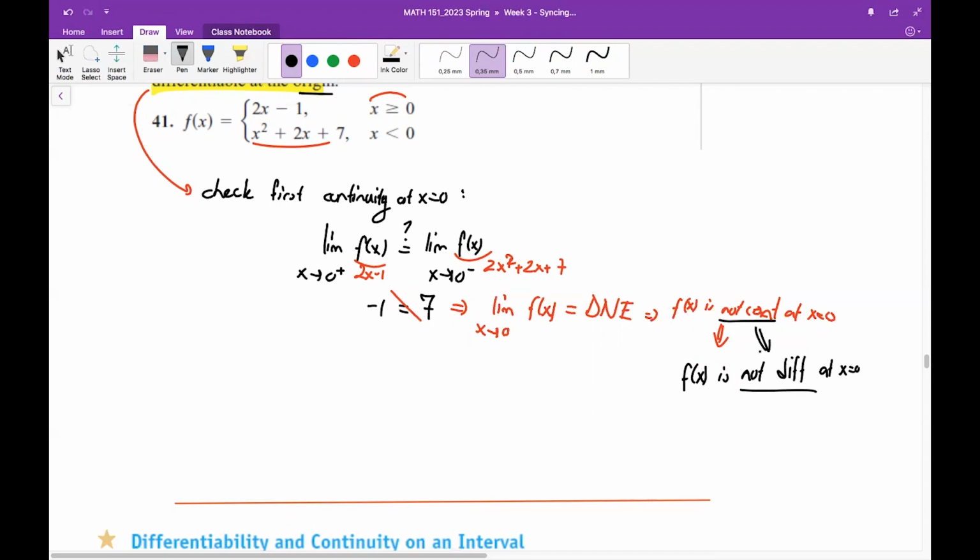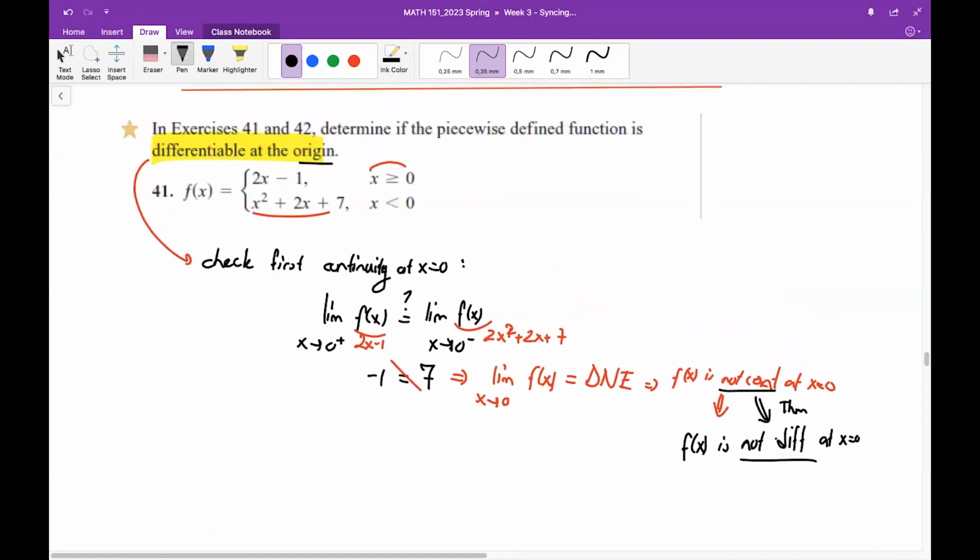Not continuous implies not differentiable. This is a theorem. So that's it. Your function is not differentiable at the origin because it is not continuous. If your function is not continuous, you cannot talk about differentiability. It is directly not differentiable. Can I move on? Any questions? No, teacher. Is everything clear?